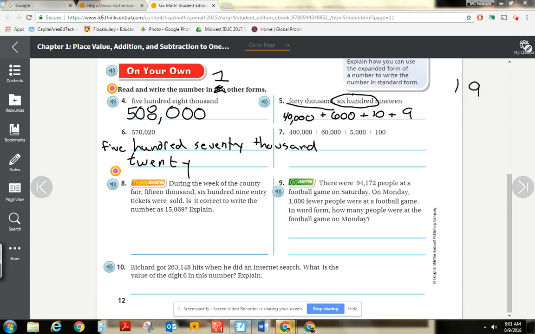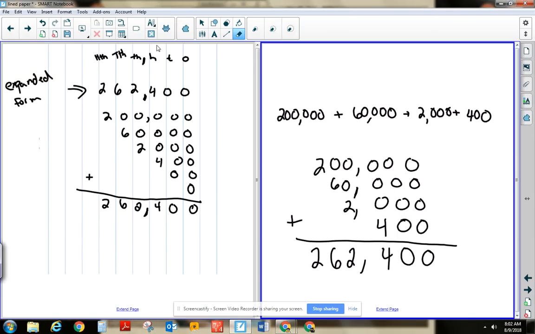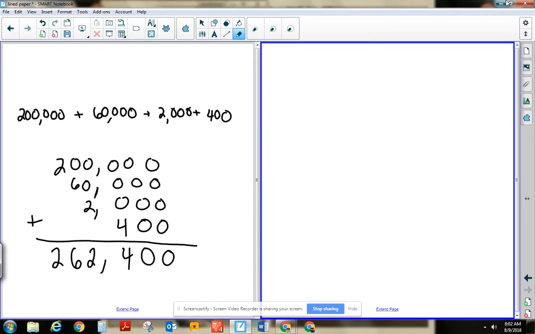All right. Now let's see if we can put this expanded form into standard form. Okay. Whew. All right. So I'll be honest, I'm gonna kind of scoot this over so we can see my notebook a lot better.